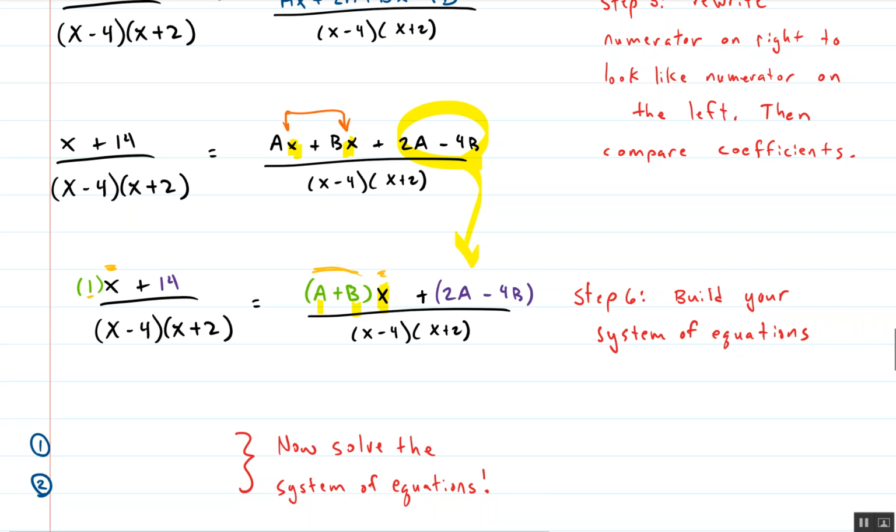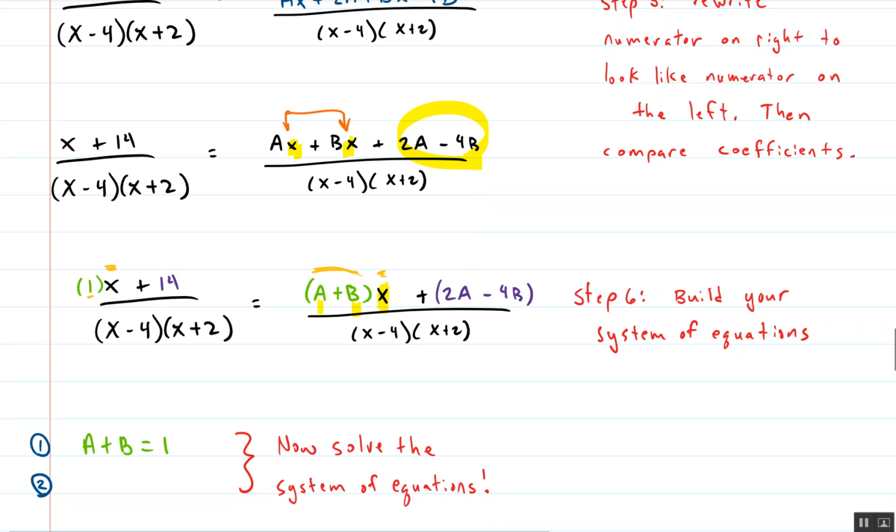And that gives us our first equation. A plus B has to be equal to 1, or these two fractions aren't the same. The fraction on the left is not the same as the fraction on the right if A plus B does not equal 1. So we can do the same thing with all of the terms that don't have an x.